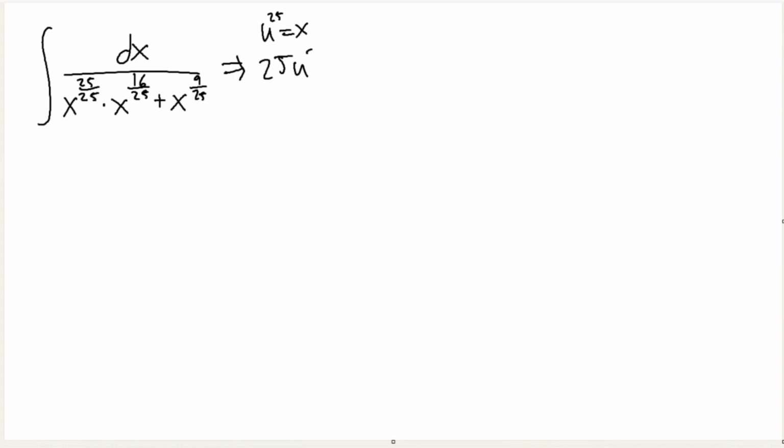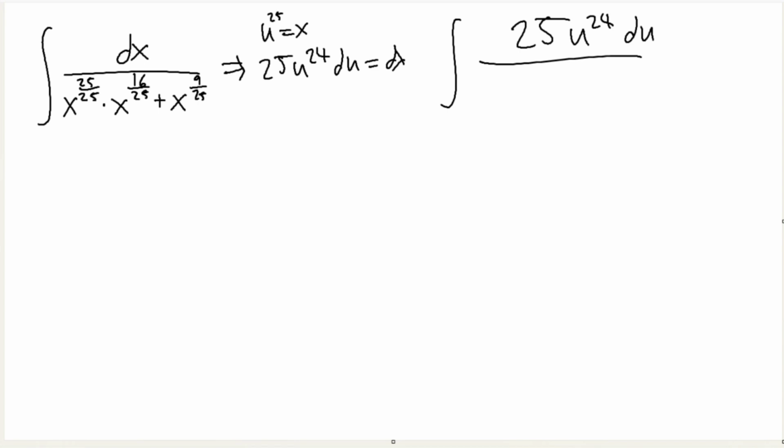Then 25u^24 du is equal to dx. And then 25u to the power of 24 du. This here is going to be u^25 times u to the power of 16 plus u to the power of 9.